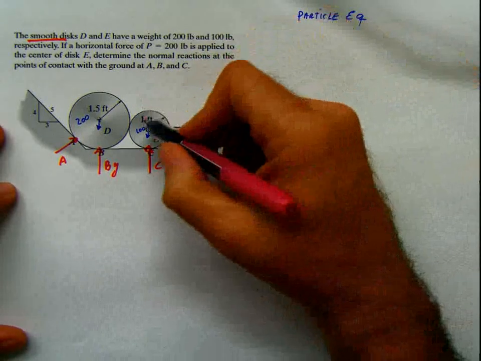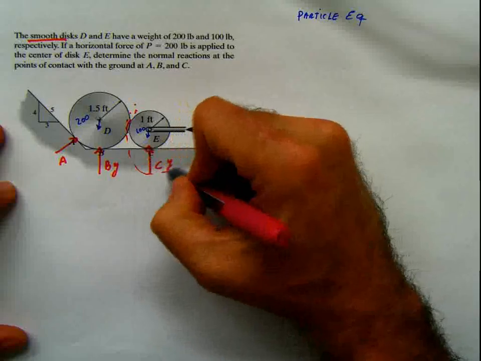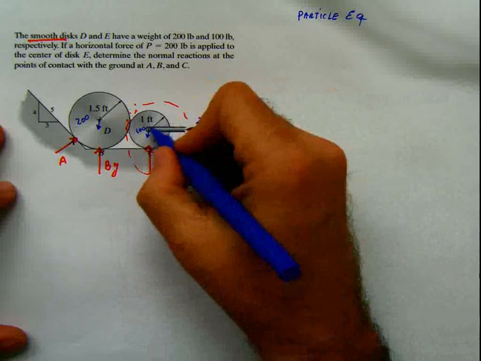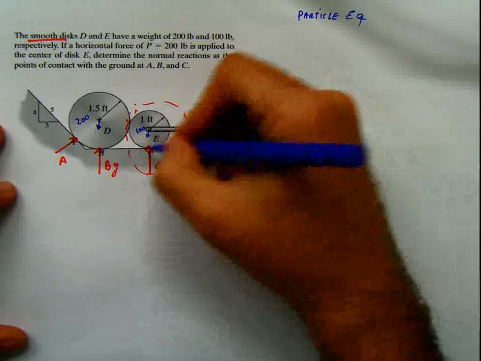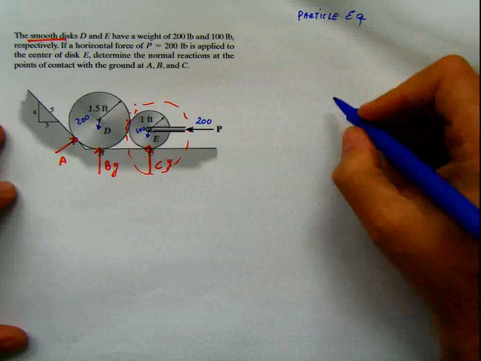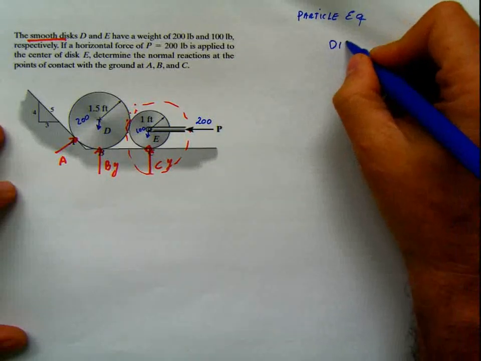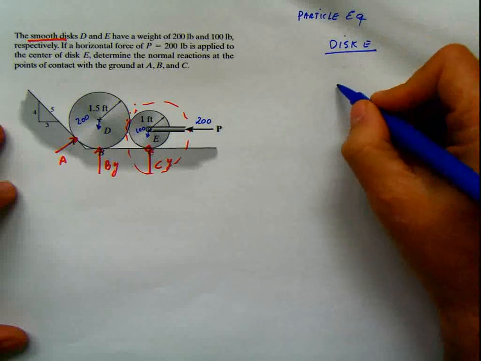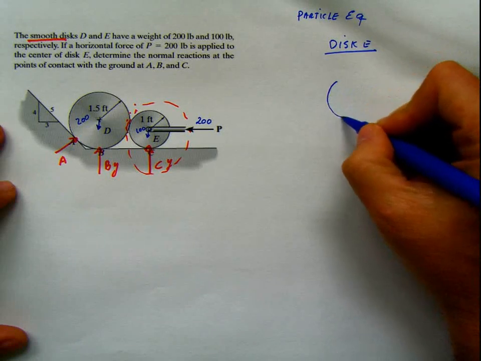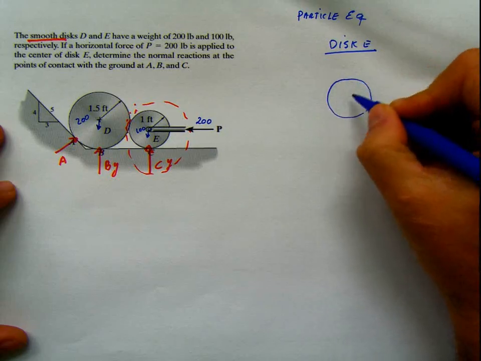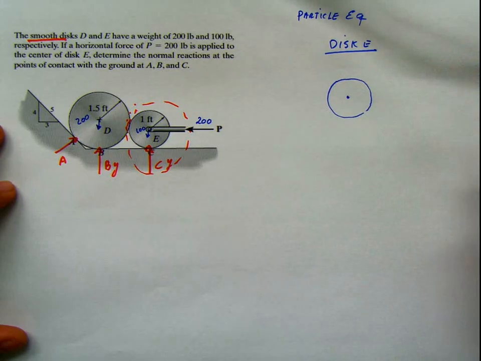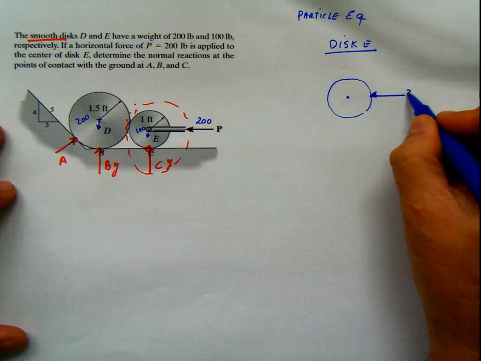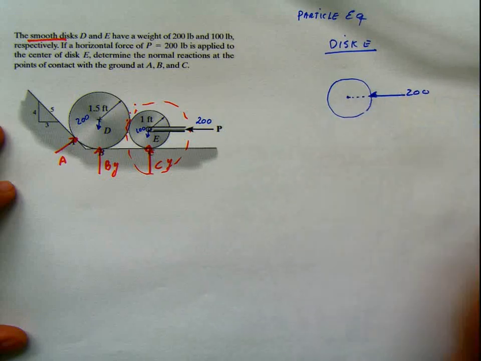Remember, the first thing that we have to do is a free body diagram. So I'm going to do a free body diagram of this portion, and I'm going to do equilibrium around the point, or the disk E. So if we do that for the disk E, this is the disk, this is the center of the disk E. Then we have this force of 200 applied at the center, which is basically here.